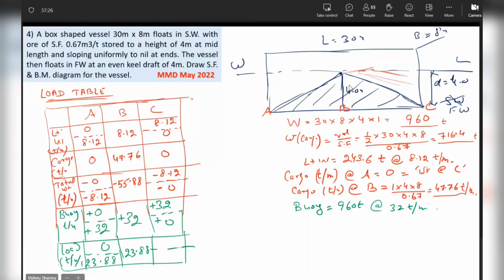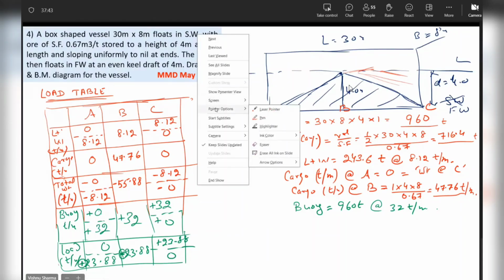So this was plus here. Sorry, I forgot to put the sign. This will be minus here. This will be plus 23.88. And this will be 0. Do you agree with these load calculations, Peter? Yes, sir. Okay. Now we will make the load diagram.